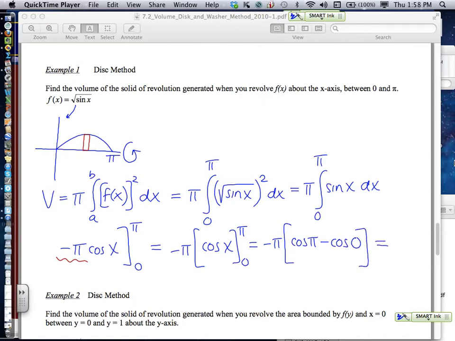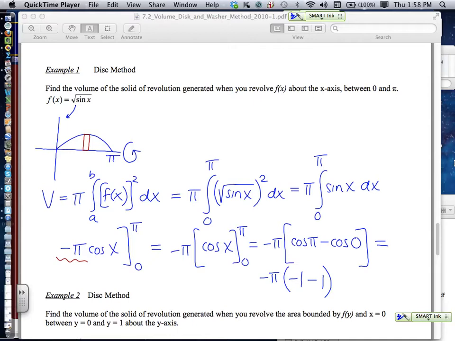And then when we fill in the values, I have negative pi out front. The cosine of pi is negative 1. Cosine of 0 is positive 1. So we have minus 1. And this illustrates why I didn't want to get this negative pi involved in there, because there's just so many negatives.